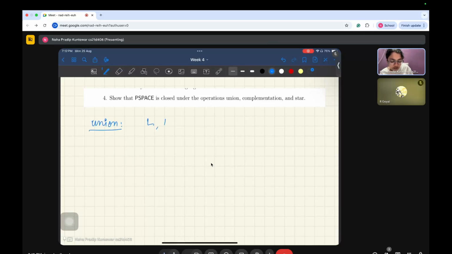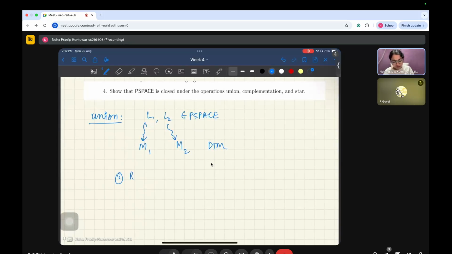You know that L1 and L2 are in PSPACE, so there is some deterministic Turing machine M1 for L1 and some deterministic Turing machine M2 for L2. Both run in polynomial space. If the first uses p(n) and the second uses q(n), adding up those spaces is still polynomial. So you can run both in parallel, or even separately: run M1, run M2, and if either accepts, then accept, otherwise reject.